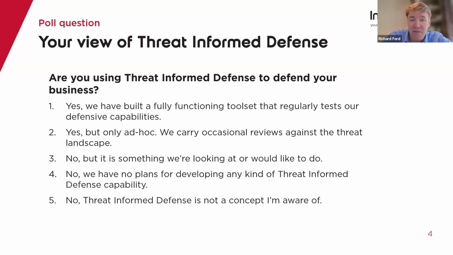Our options are: yes, we have built a fully functioning tool set that regularly tests our defensive capabilities; yes, but only ad hoc, we carry out occasional reviews against the threat landscape; no, but it's something we're looking to do or would like to do; no, we have no plans for it; or finally, no, threat-informed defense is not a concept I'm aware of. We'll leave that open for a minute, but in the meantime, I'm going to hand control back over to Mark so he can kick things off. Mark, over to you.